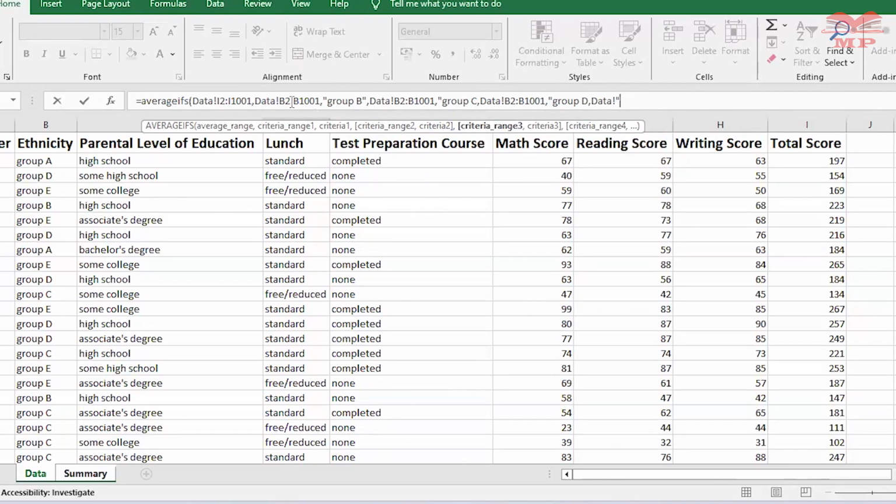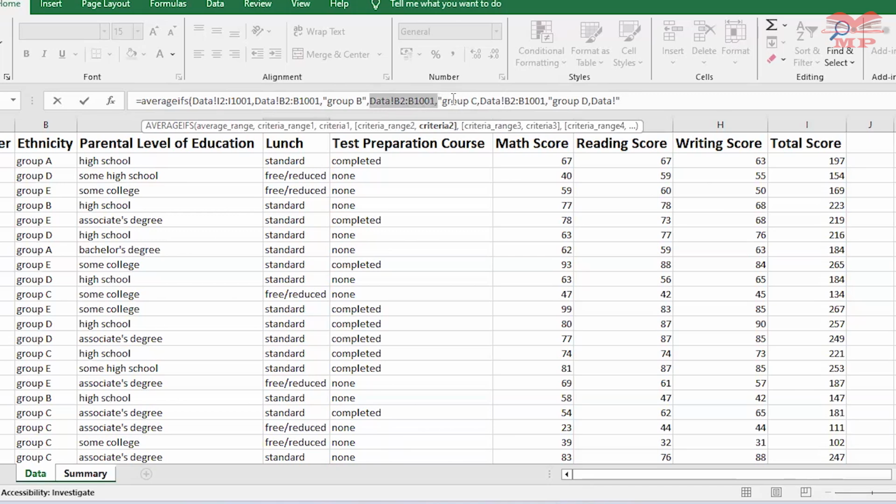So I have data, just checking if this is correct. So that's the average range. This is the criteria range. This is criteria range 2, the criteria range 3. It should be criteria range 3. So it should match this.